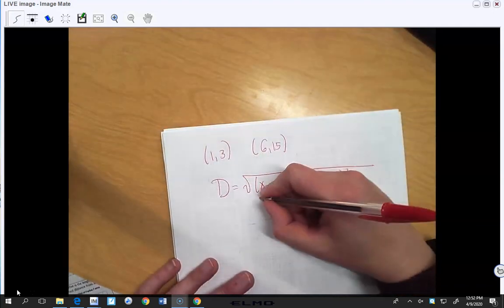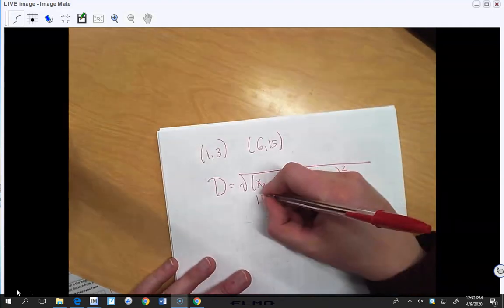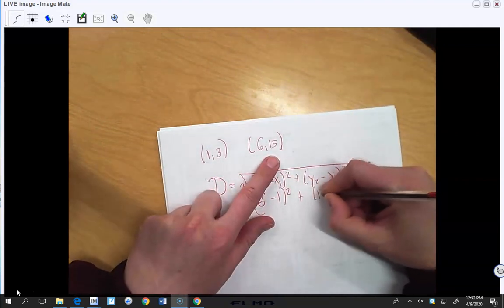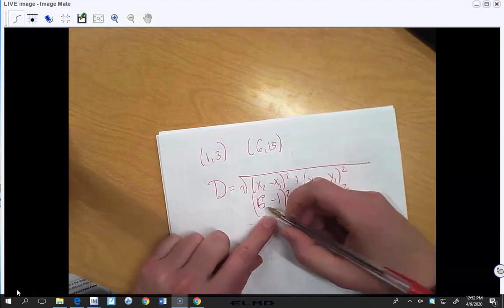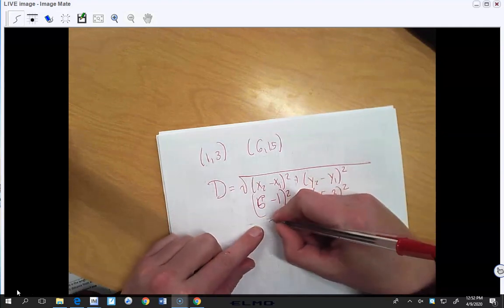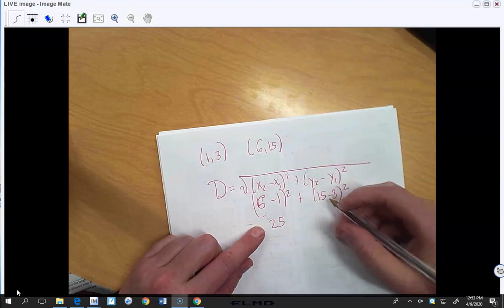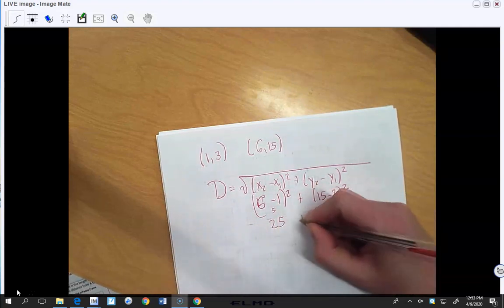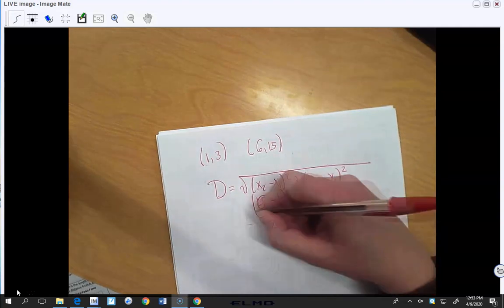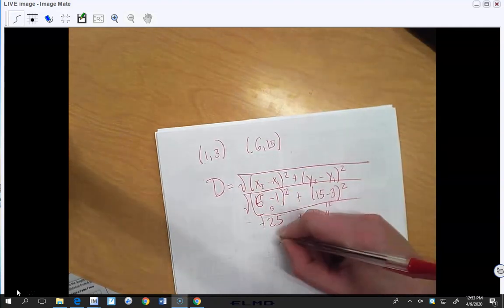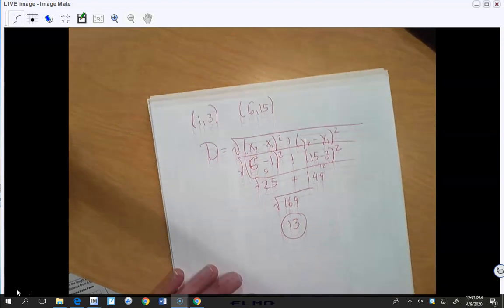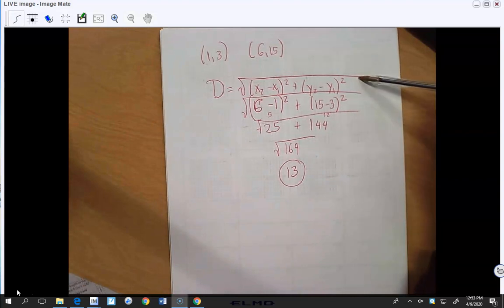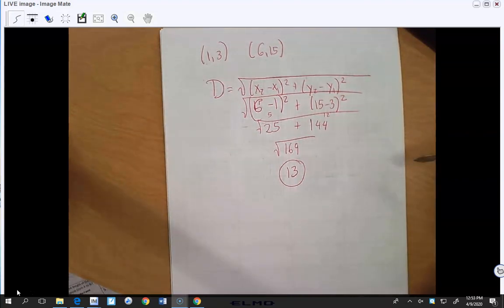So then I would say 6 minus 1 squared plus 15 minus 3 squared. 6 minus 1 is 5. 5 squared is 25. 15 minus 3 is 12. 12 squared is 144. 25 plus 144 is 169. So the square root of 169 is 13. And that is how you use the distance formula. You just write the formula down, plug the numbers in, it will work.